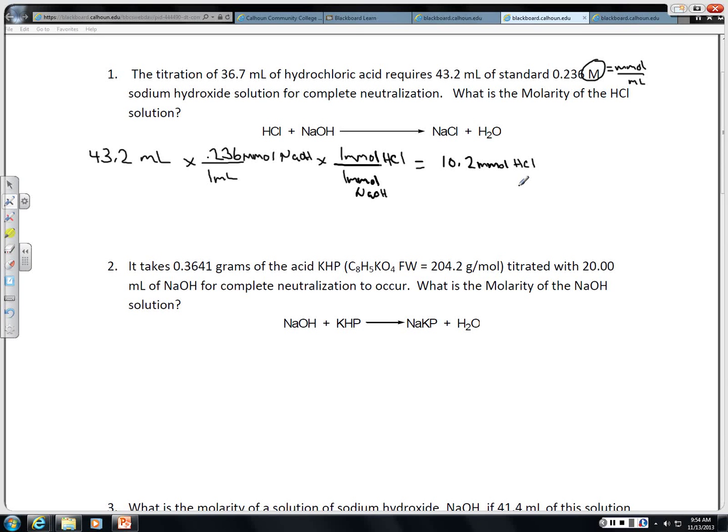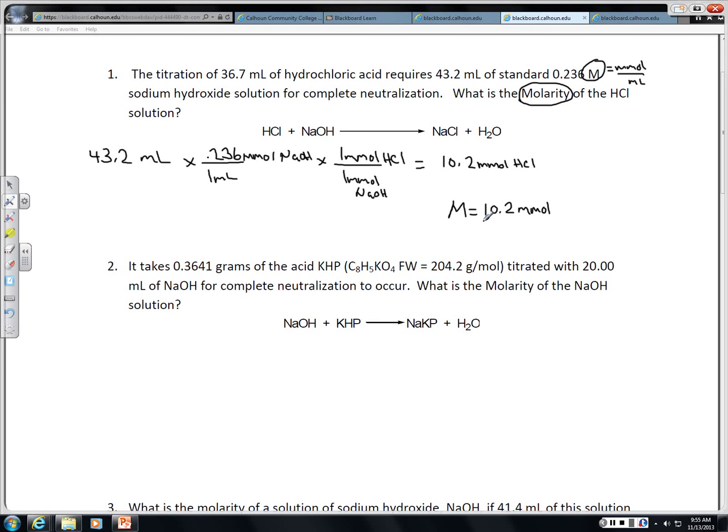Okay, we're looking for the molarity. Okay. Molarity is equal to millimoles over milliliters. Okay, so we just found, we're looking for the molarity of the acid. So we just found the millimoles of our acid.